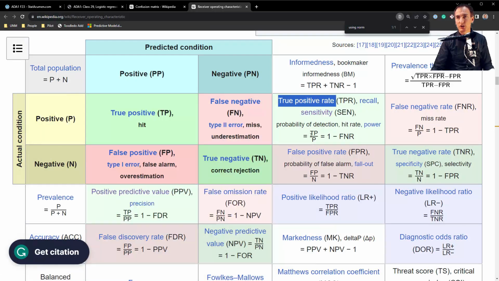It is the number of true positives, TP, divided by the total number of positives. Of all the positives, what proportion did you get correct? Remember, our positives are females, that's our actual. So how many females did we correctly classify as females? That's our sensitivity.